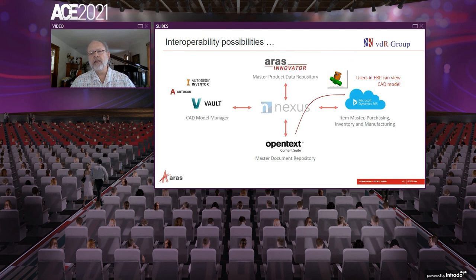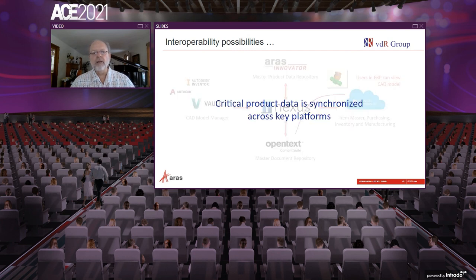That users within the ERP environment, folks in purchasing, manufacturing, inspection, can all see that document while they're working out of D365, but it's maintained in the OpenText environment. And this process is repeated over and over again.